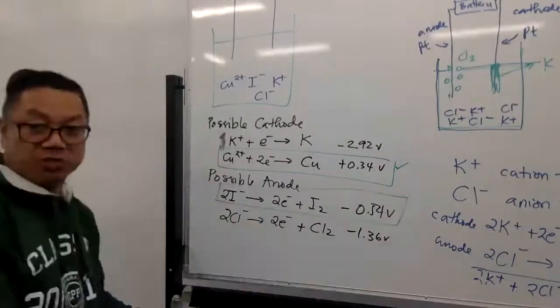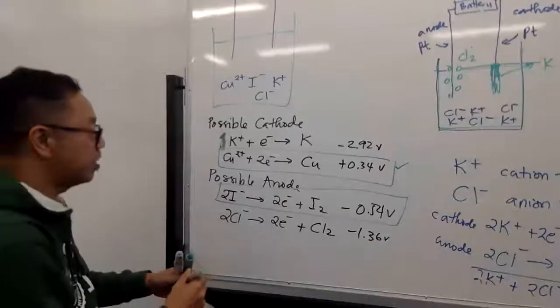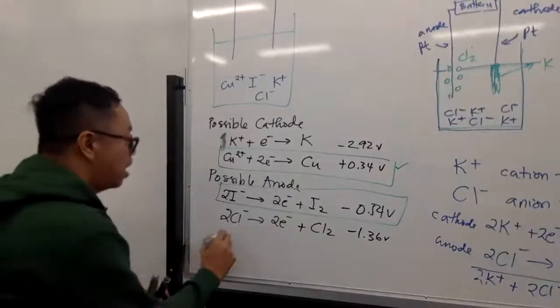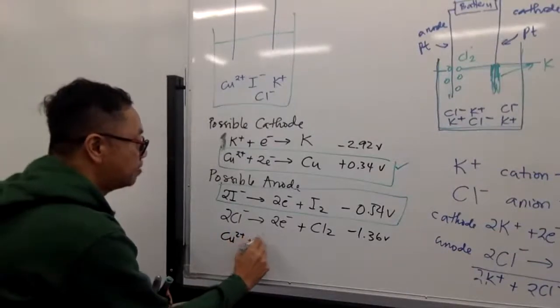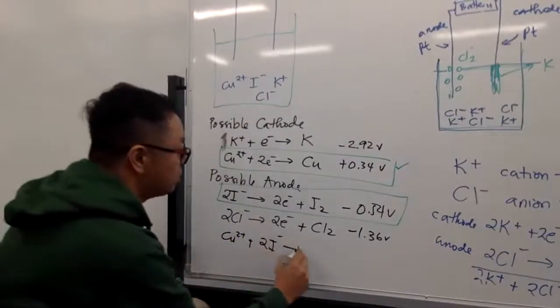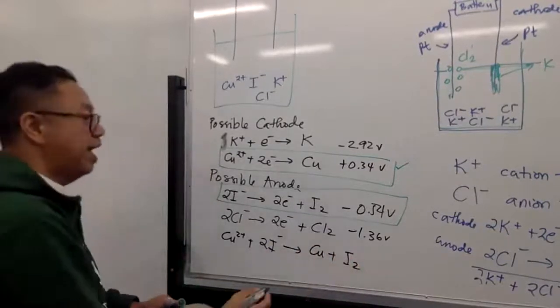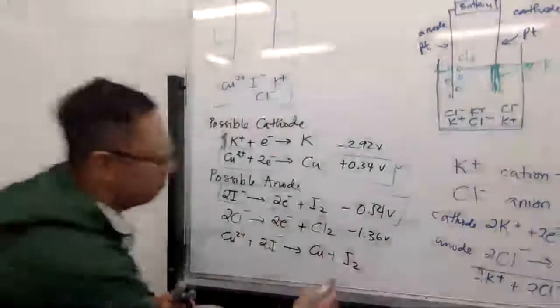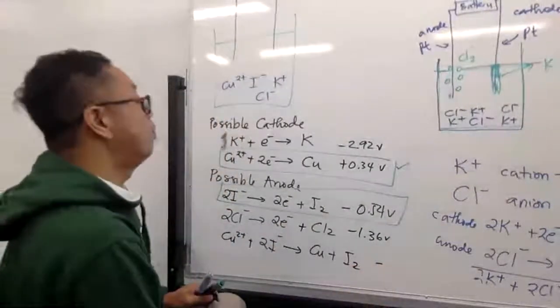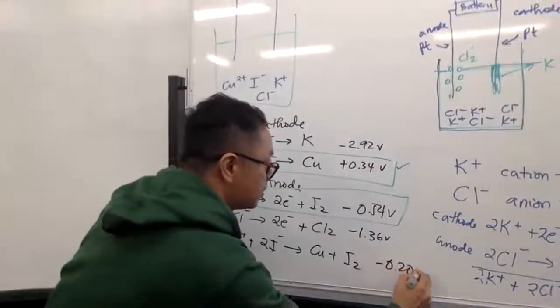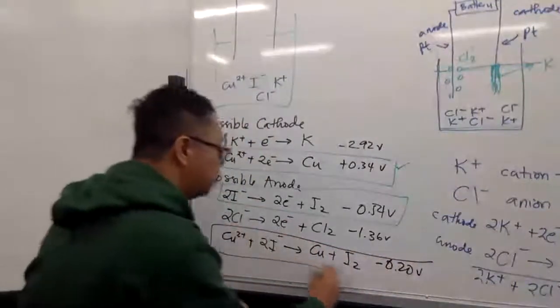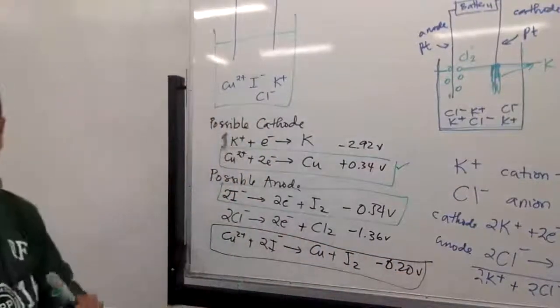So when you add them, it's going to be copper 2 plus and 2 iodide giving copper plus iodine, and it will be negative 0.20 volts. This is now your overall reaction.